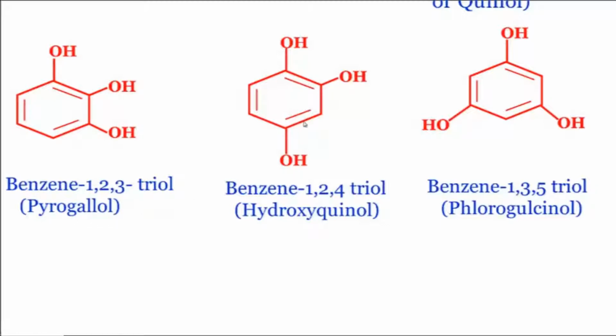Again in the second example, benzene ring is linked with 3 OH groups with respect to the first carbon, second carbon and fourth carbon. Therefore, we can call it as benzene 1,2,4 triol, or else as 1,2,4 trihydroxybenzene. This is popularly also called hydroxyquinol.